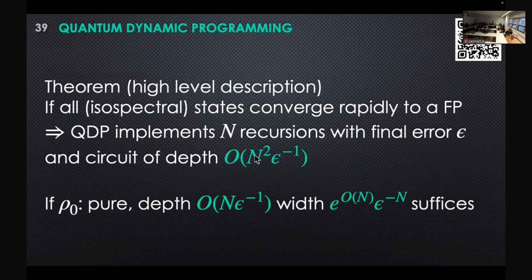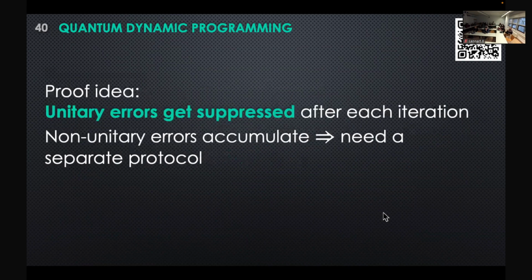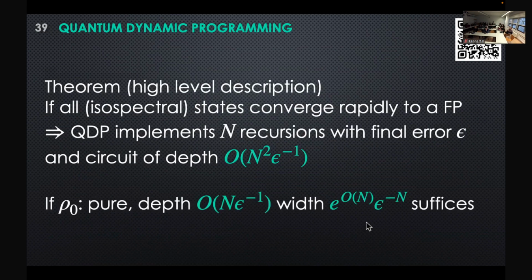If your initial state is pure, this depth requirement becomes linear, and you need an exponential number of copies where the exponential factor is like epsilon to the minus n. So this is the depth-width trade-off that I advertised in the beginning.